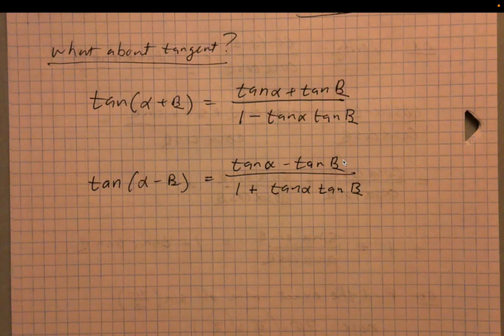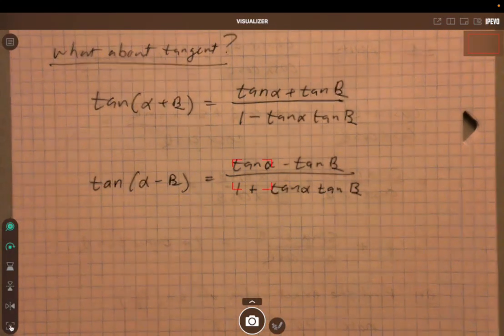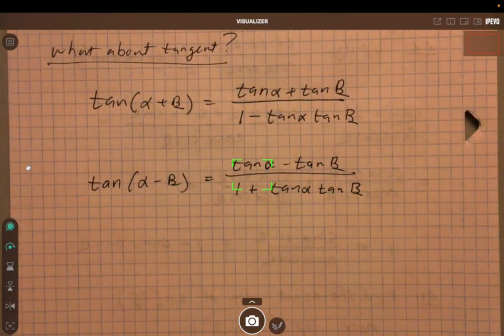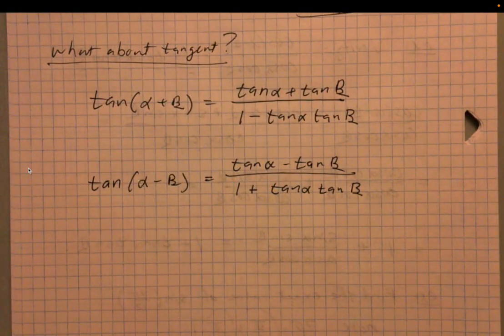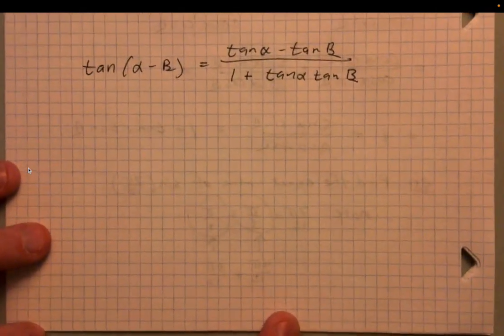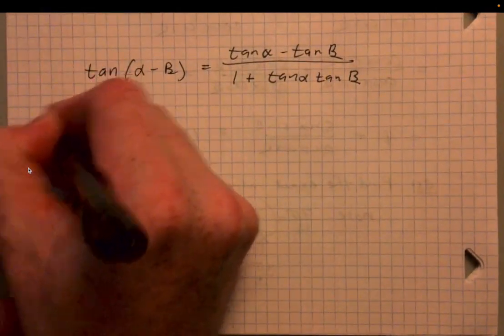All right. And so this one could be used in pretty much the same way as the sine and cosine. So if I want to find the tangent of an odd angle, I can use this in the same way to do that. It can also be used to verify identities. So let's do an example there, verifying an identity.